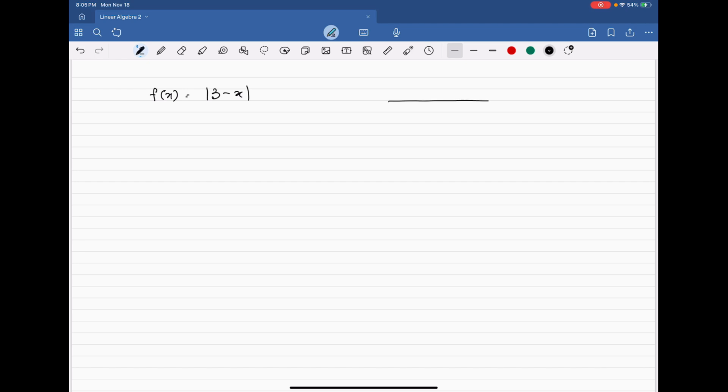What does it look like? We have seen absolute value of x. Something scalar minus x, absolute value we have not seen. Let us see. For x equal to 3, function x is equal to 0.